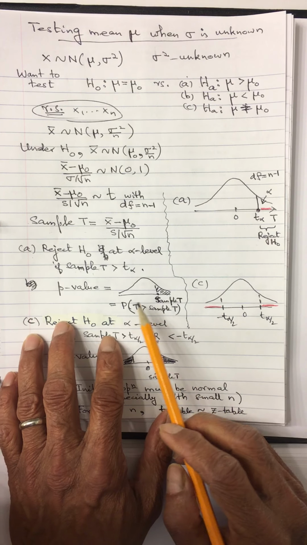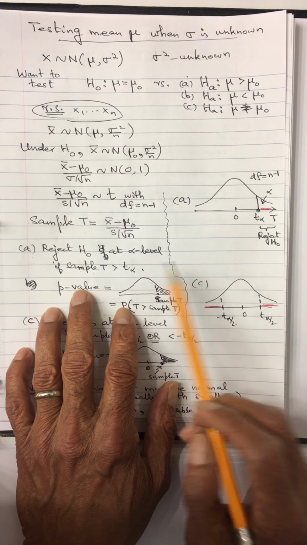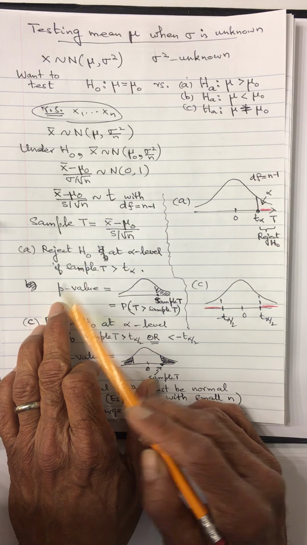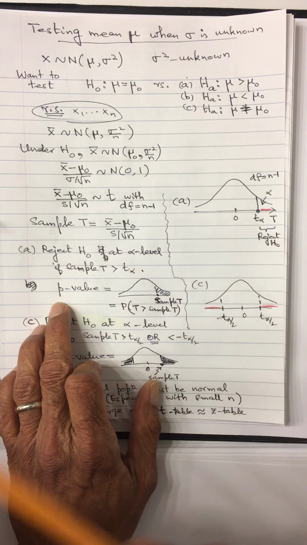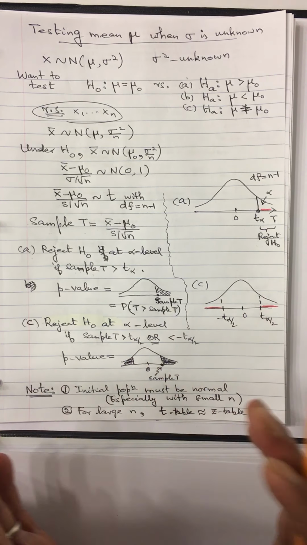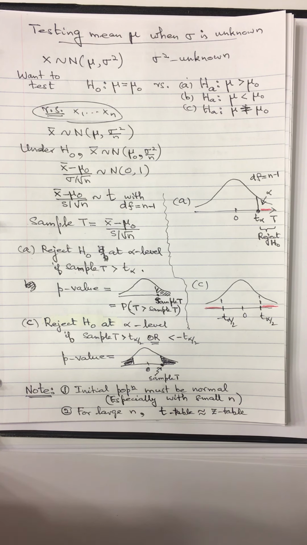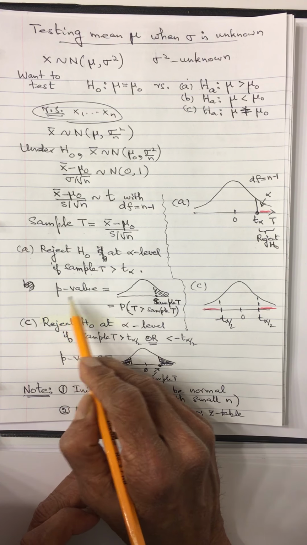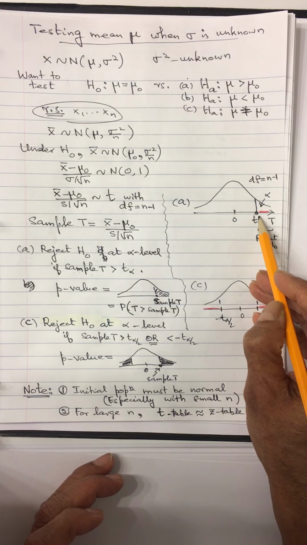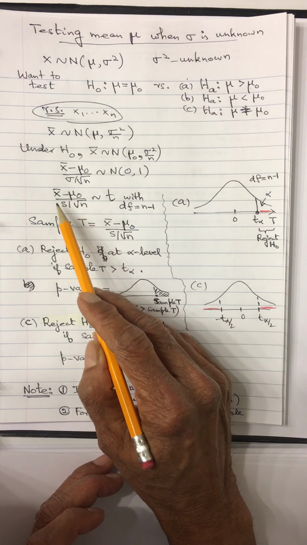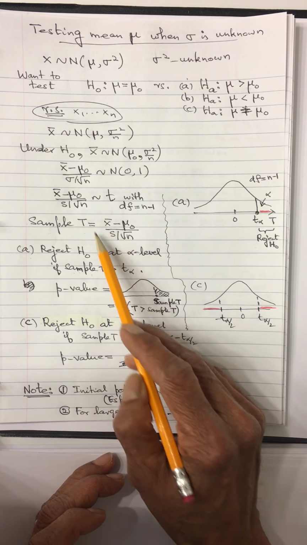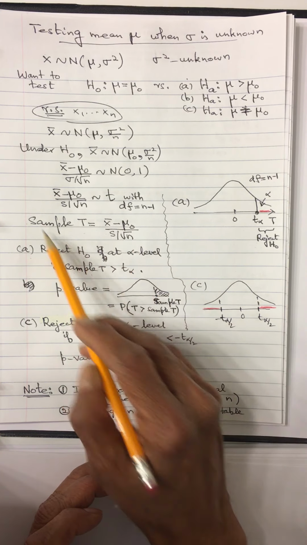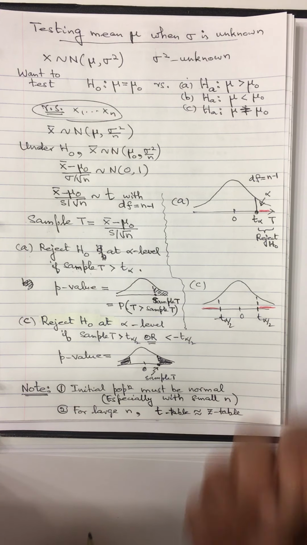Now the p-value: the concept is exactly the same as when sigma is known. To figure out the p-value, you set your cutoff right on the sample t value. Sometimes this is known as the observed t, meaning the sample t coming out of your sample.